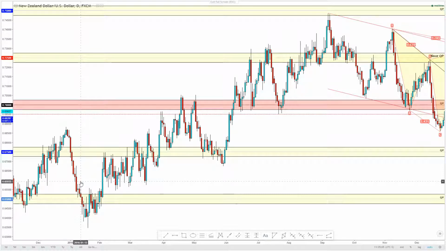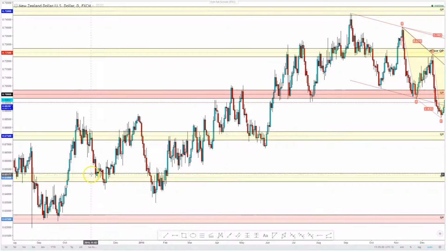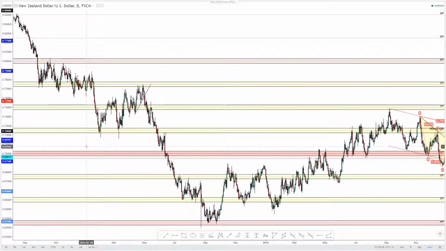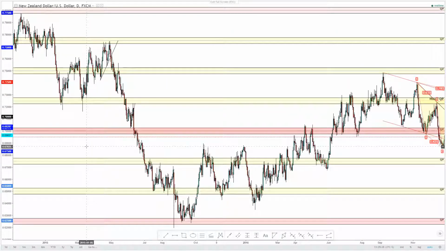So I added a 25 pip box on each side. So it's a 50 pip box with the quarter point sitting right in the middle, obviously, so it's 25 pips on each side. And this is the best support and resistance, guys. There's nothing better than this, in my opinion, in my experience.